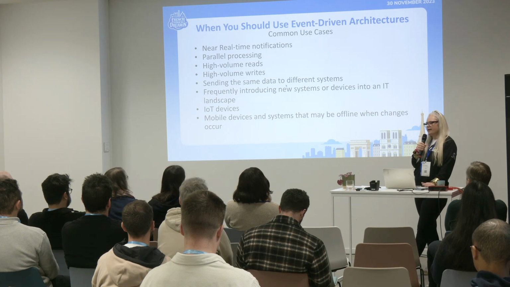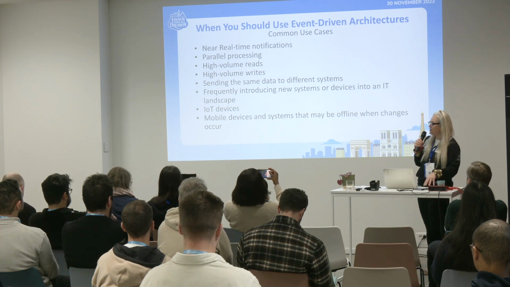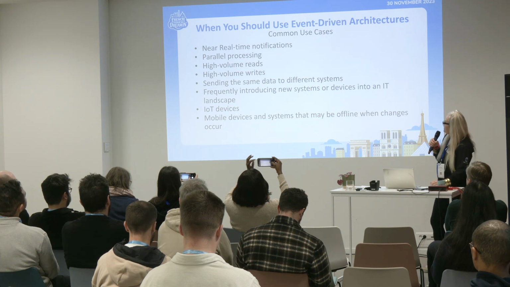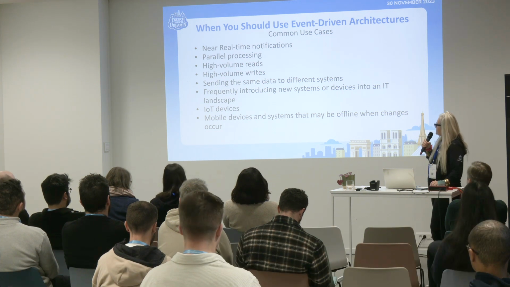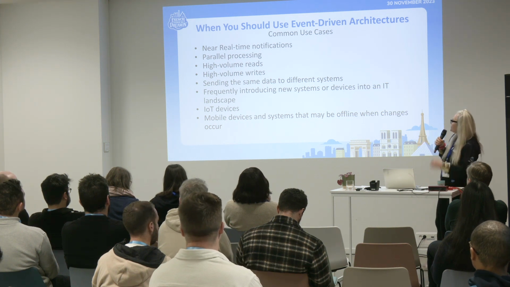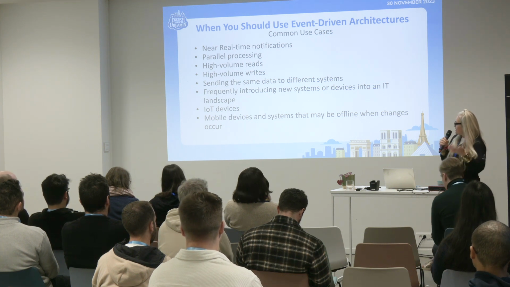So we have some use cases. When do you want to use event-driven architectures? This is when you have near real-time notifications, parallel processing, high volume reads, high volume writes, sending the same data to different systems, frequently introducing new systems or devices into an IT landscape.